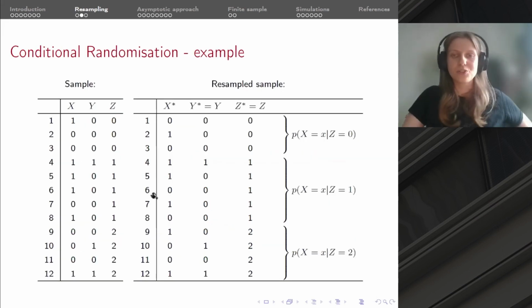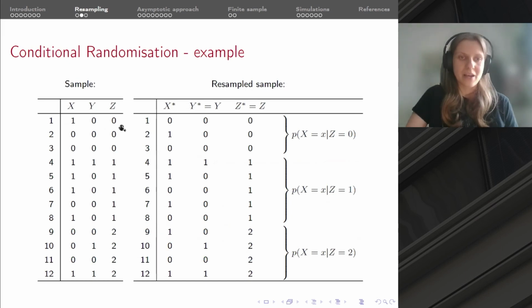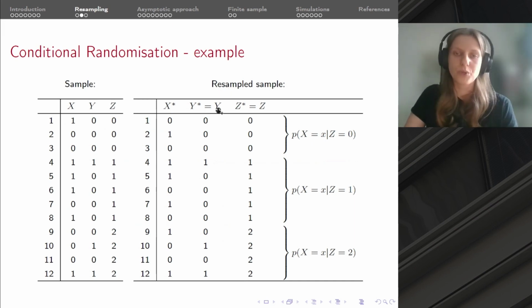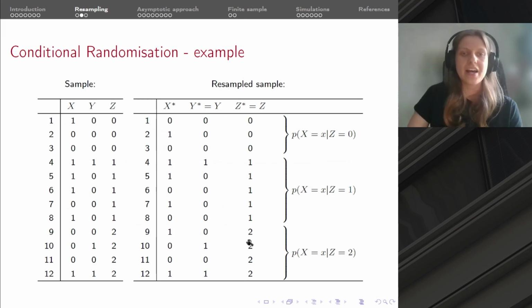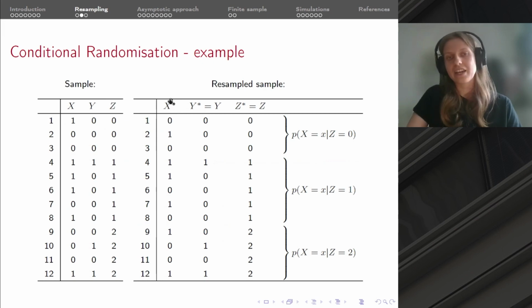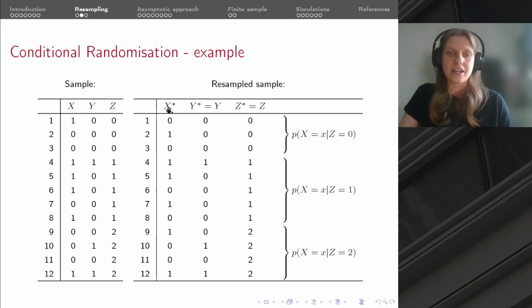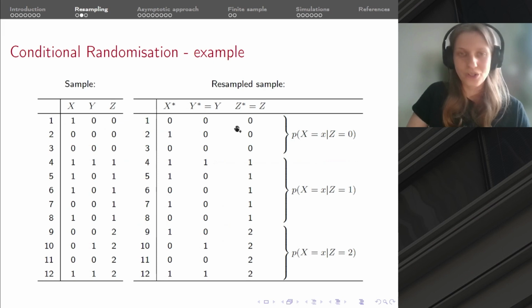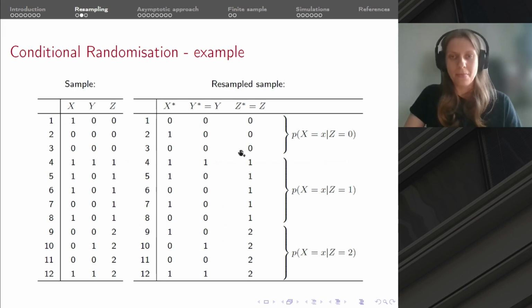Okay, and maybe I'll show you how they work on an example. So we have a sample, X, Y, and Z. In a resampled sample, we copy the Y's and we copy the Z's, and we sample only X star. And we sample X star in the following way.